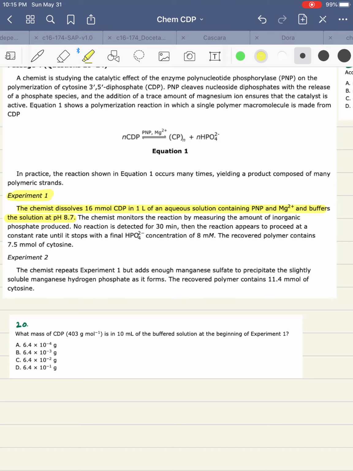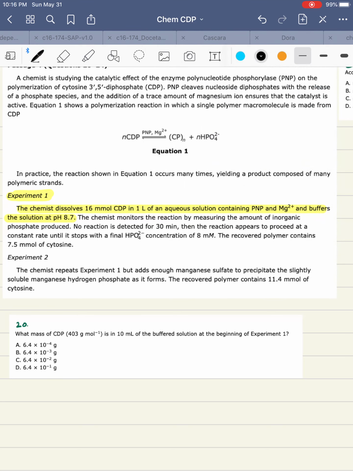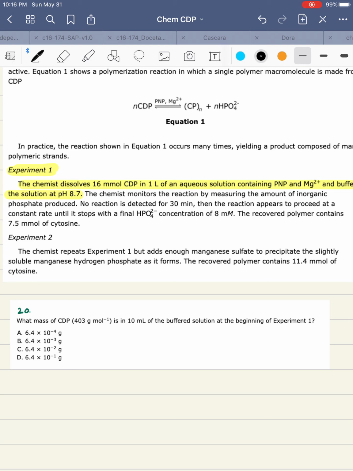Right, so it's really asking us what exactly is the mass of CDP. So how are we going to figure this out? Notice it says the chemist dissolves 16 millimoles of CDP in 1 liter of aqueous solution.